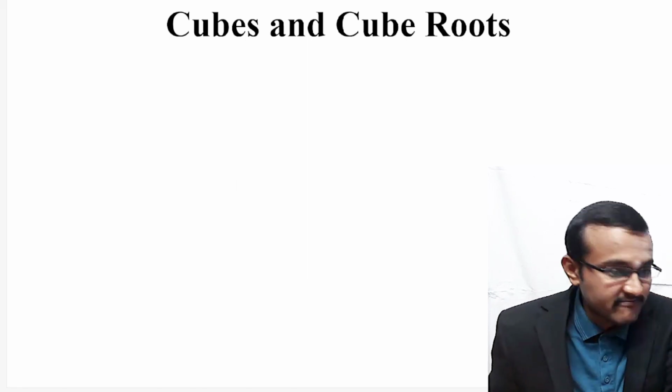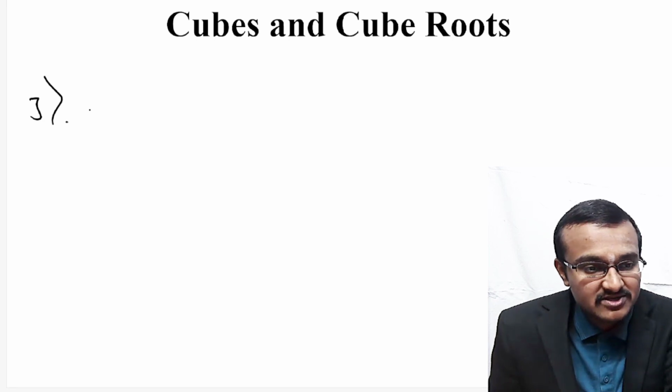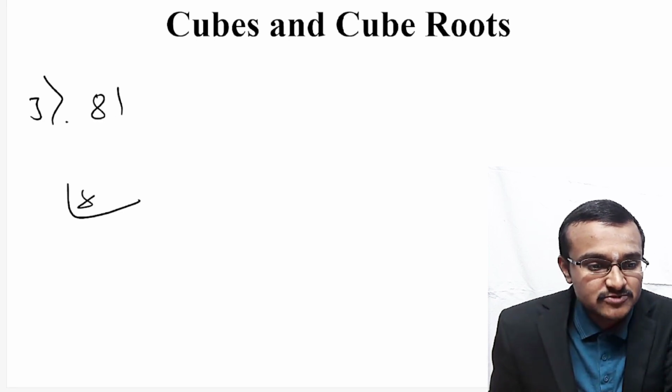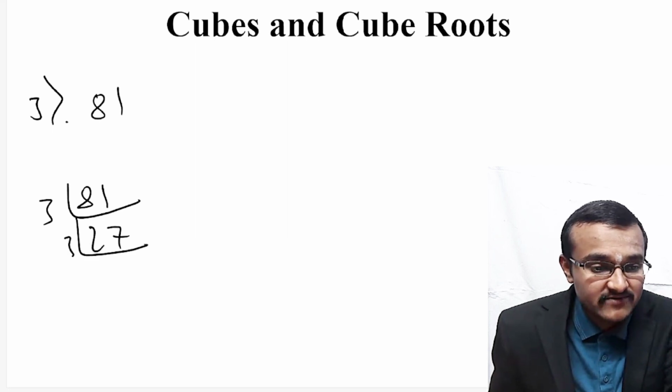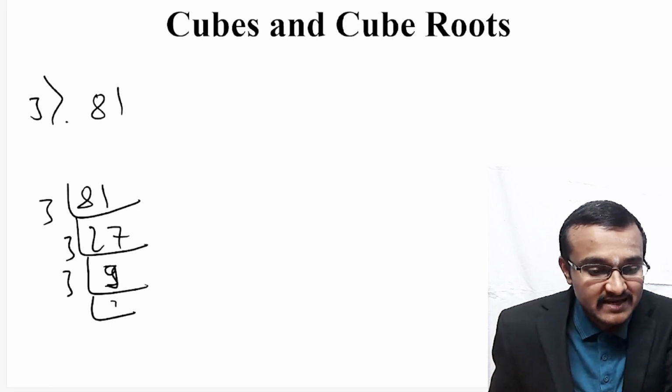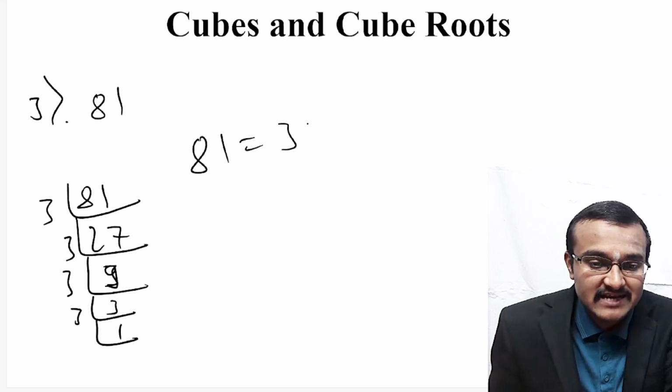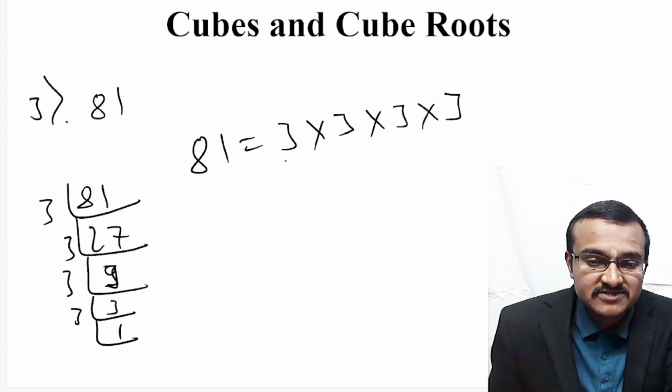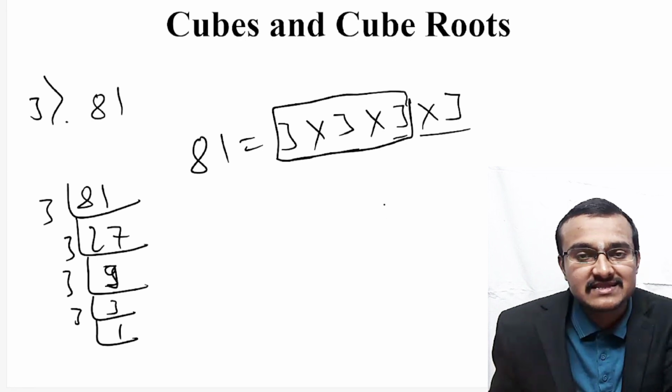So here the first question given in this third question is 81. We can use prime factorization and solve this. 81 can go with 3, so you'll get 27. Again 3, so you'll get 9. 3 3s are 9, so you'll get 4 times 3. That means 81 can be expressed as 3 into 3 into 3 into 3. The first three 3s can group with each other, but this particular 3 is left alone.